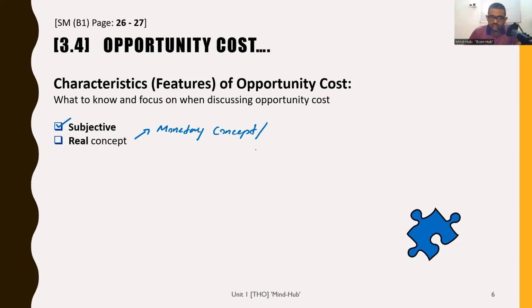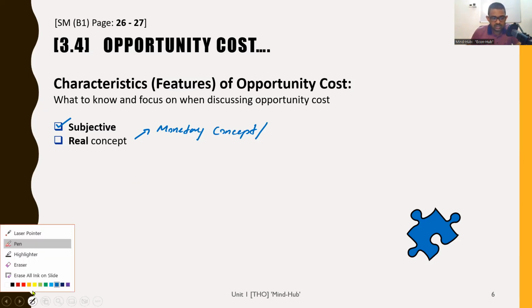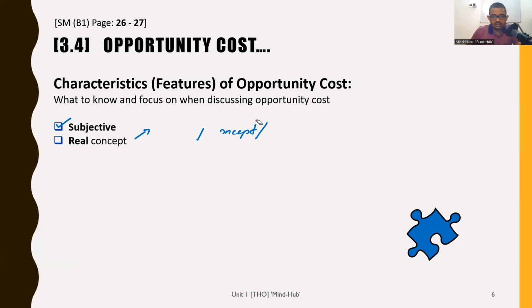Opportunity cost is not a monetary concept, right? Opportunity cost is not a monetary or a money-based concept or cost.